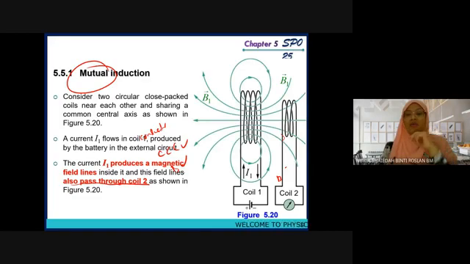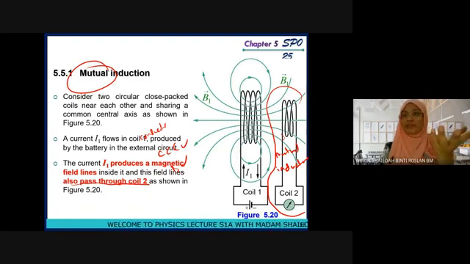Okay, one mutual inductance happens here. Ni, mutual inductance happens here. Kenapa? Because dia tak produce current. B happens here. Current produced. So ada B. B meningkat.